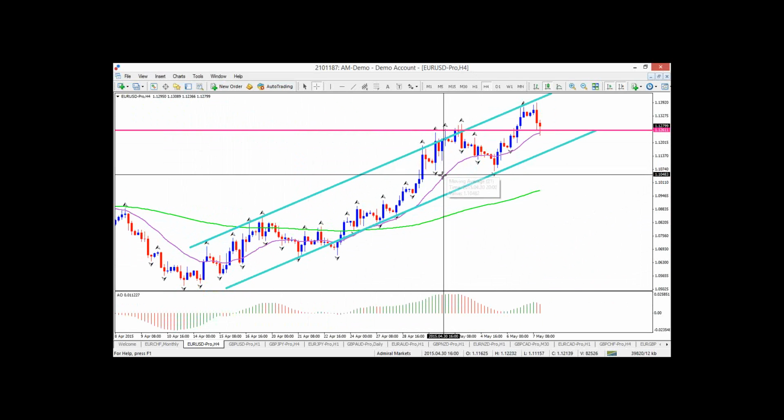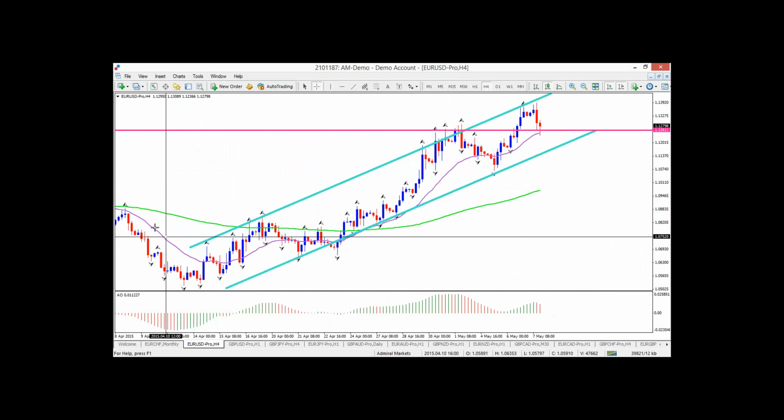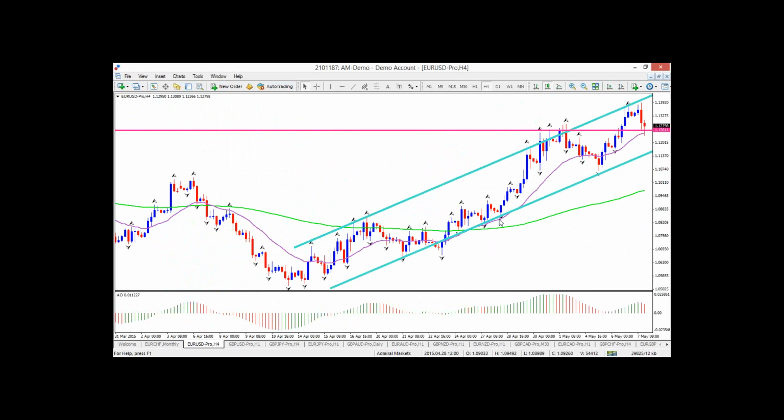So that's why I use these moving averages to gauge the difference between trend and momentum. Right? Here you can see the 21 is above the 144, price is above it, so we have up momentum at this point. We have an uptrend and up momentum all the way up to here.